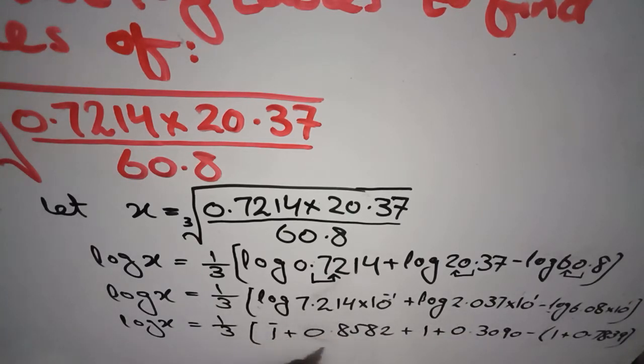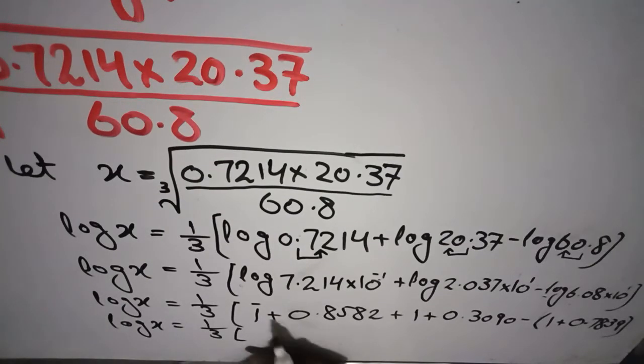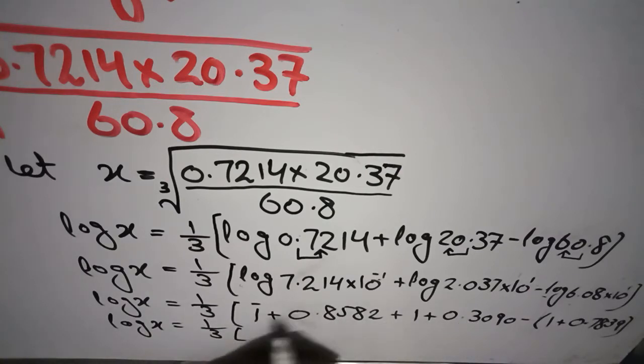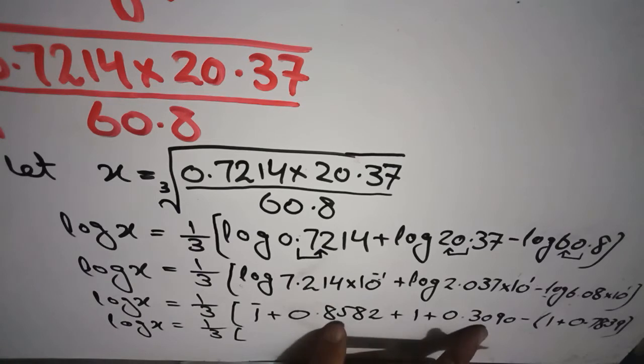Now just simplify it. Log of x is equal to 1/3 can be written like this. Okay, these values will be cut off or subtracted, because one is positive and the other is negative.